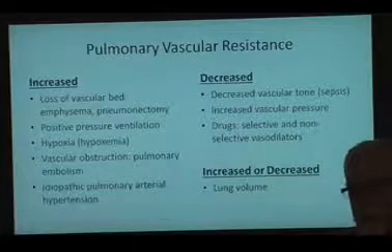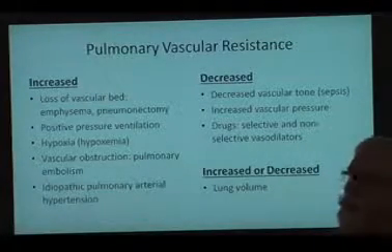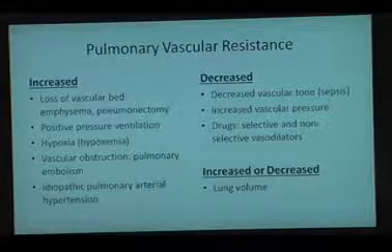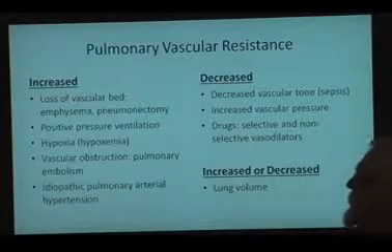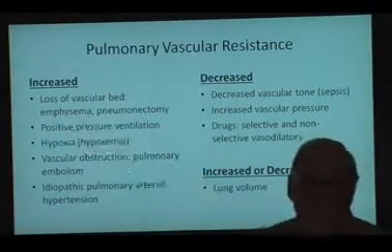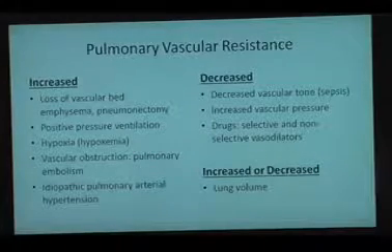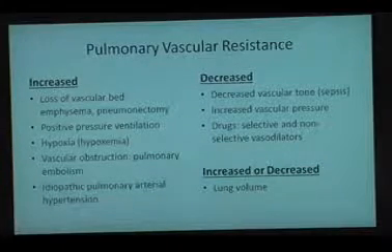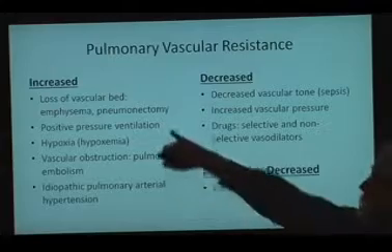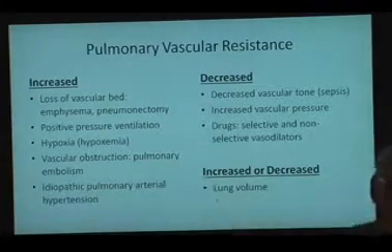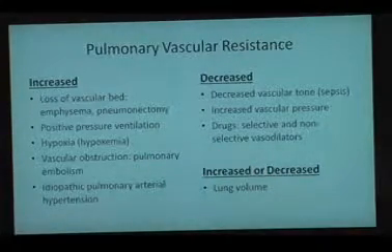If there are pulmonary capillaries that are wiped out, that increases the resistance to blood flow through the lungs, and that can occur with emphysema, COPD, with destruction of lung parenchyma, or if part or all of the lung is removed.